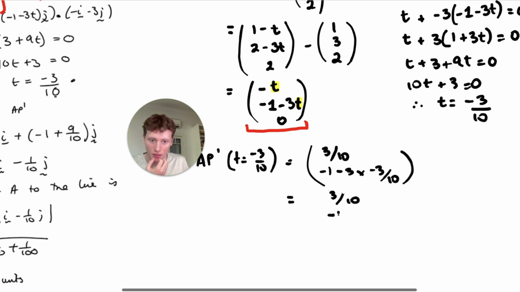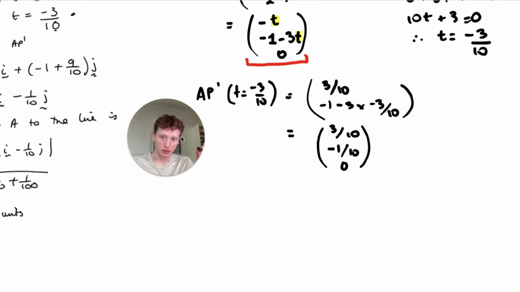That will be negative 1 over 10 j, and then, of course, sorry, I should have put this in before, 0k. So now what we know is that the vector AP prime is a vector with 3 over 10 units in the i direction and negative 1 over 10 units in the j direction.